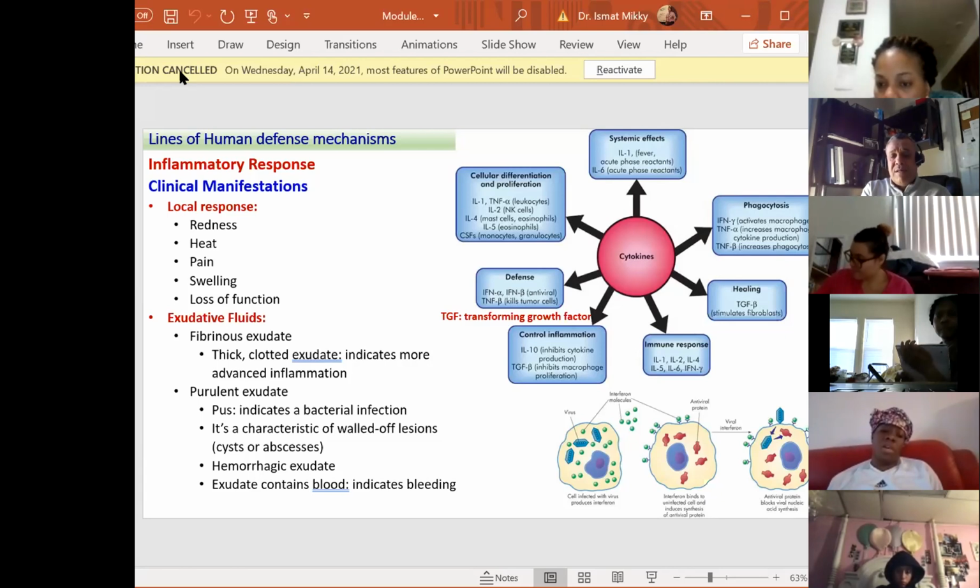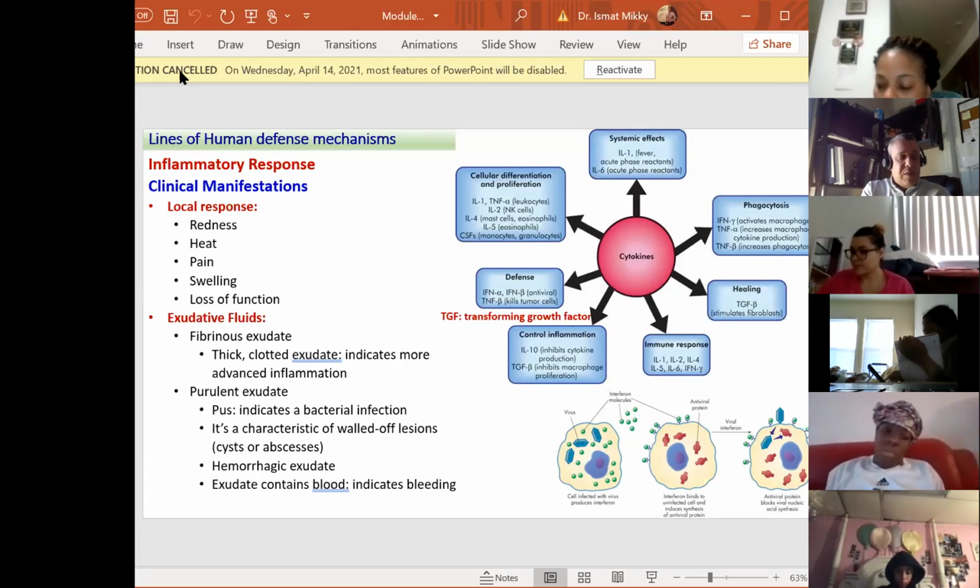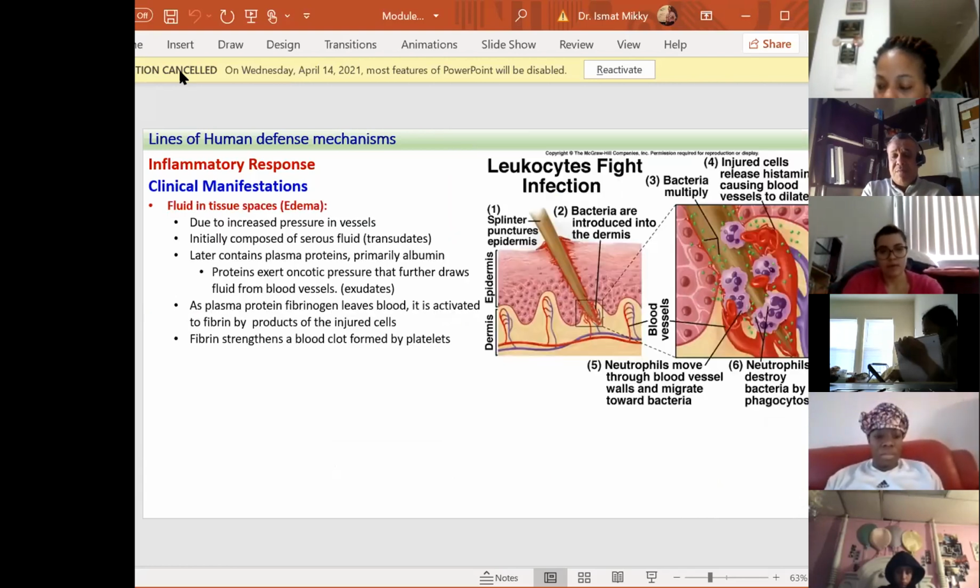That will be fibrinous exudate. Purulent: whenever you say purulent, it means there is a lot of pus in it, and the pus is composed mostly of dead bacteria and other tissues, along with platelets and blood clots. That's purulent exudate, like pus drainage from a cyst or an infected area, in addition to the RBCs and blood and so forth. So that's exudate fluid.